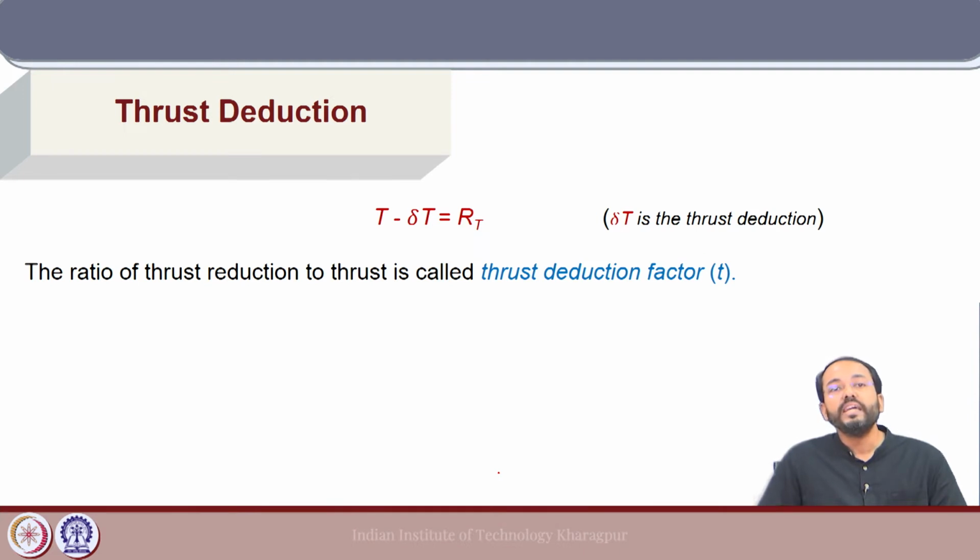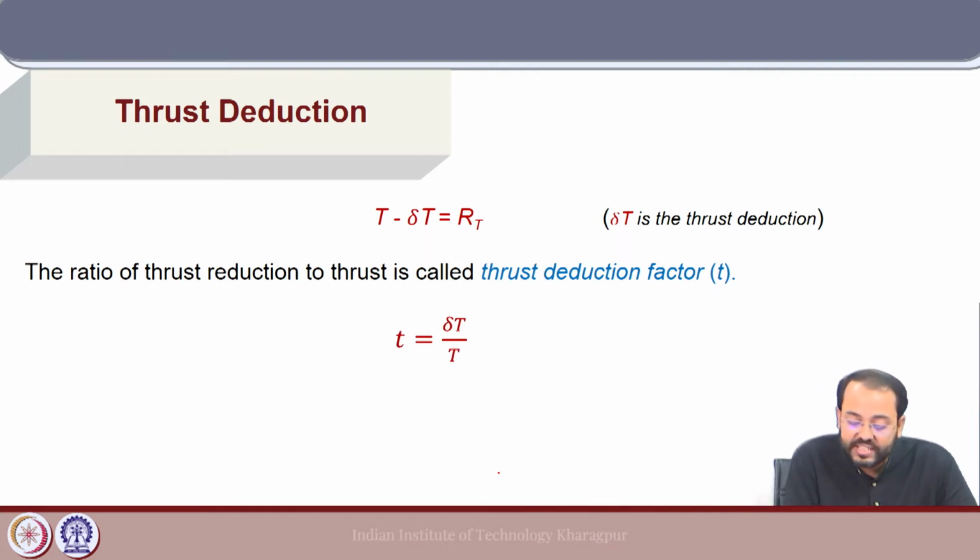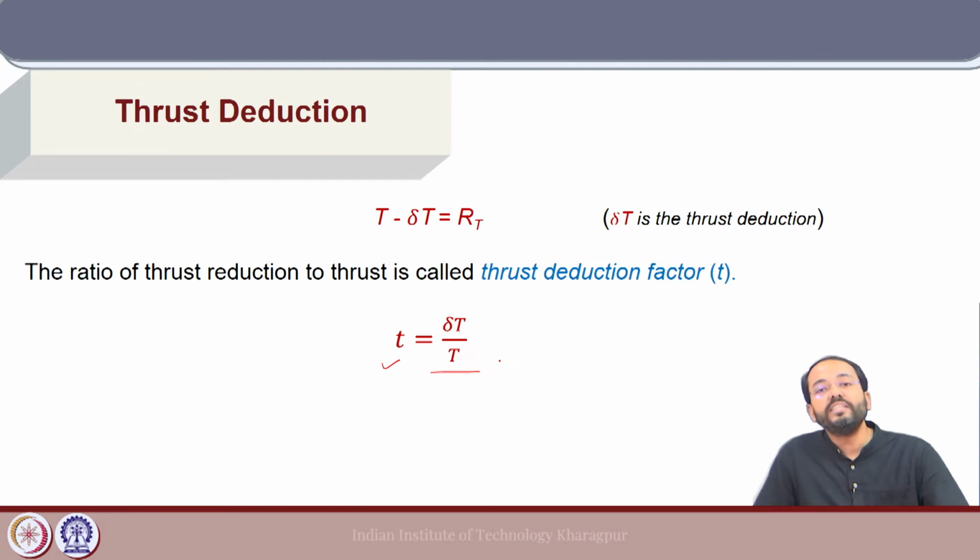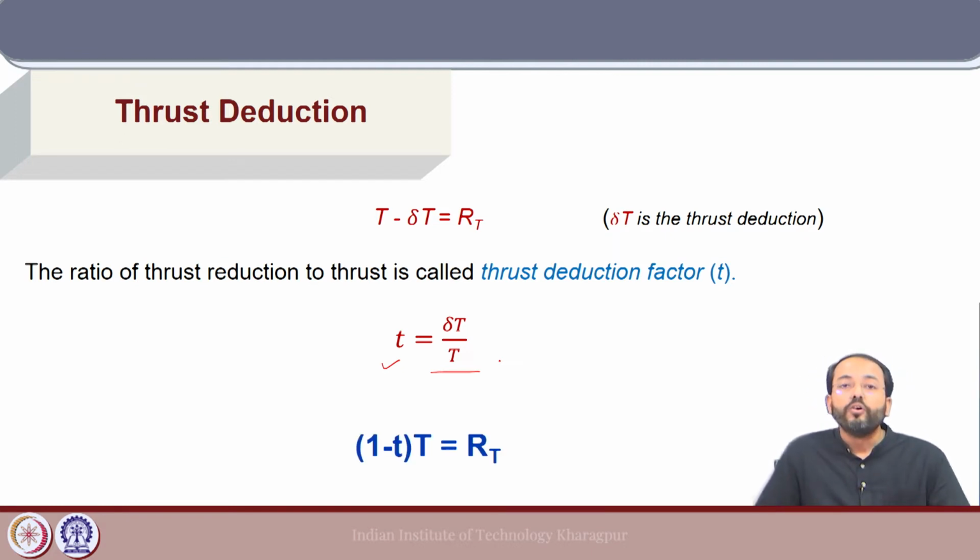Here also we express this change in thrust or the thrust reduction as a fraction of the total thrust and mention it as small t, which is the thrust reduction factor, or in some cases it is also mentioned as thrust reduction fraction.